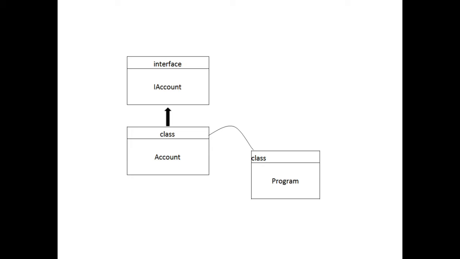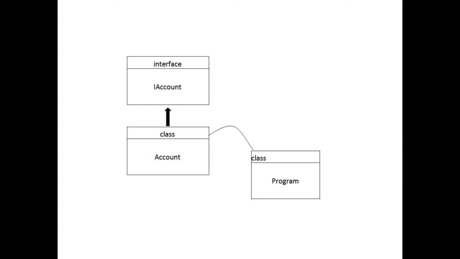We cannot instantiate iAccount, that is the interface, but we can instantiate, create an object of the account class in the program class. Right, so we're going to start with this.